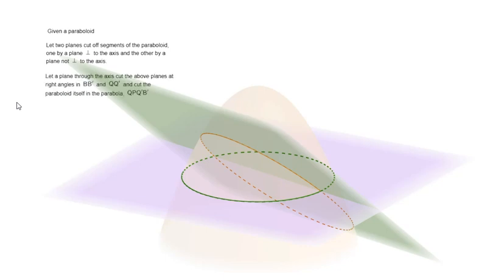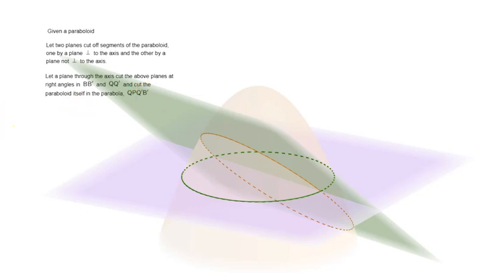Now, each of these actually intersects the paraboloid in a conic. Yes, this is one and this is the other one, right? Now let a plane through the axis cut the above planes at right angles in BB prime and QQ prime, and cut the paraboloid itself in the parabola QPQ prime B prime.